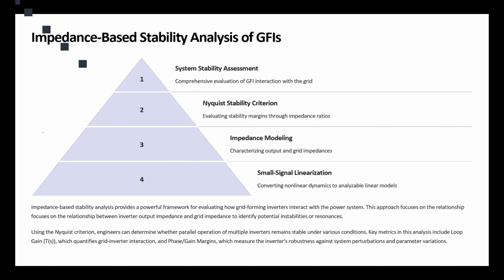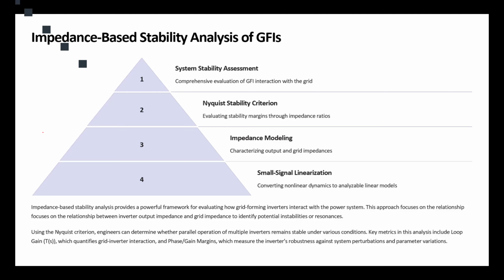Now, since we do not follow the grid anymore, we do not rely on the stability of the grid anymore. That means if we want an independent system, after every setting we have to make sure that our system is fully stable and fully functional.